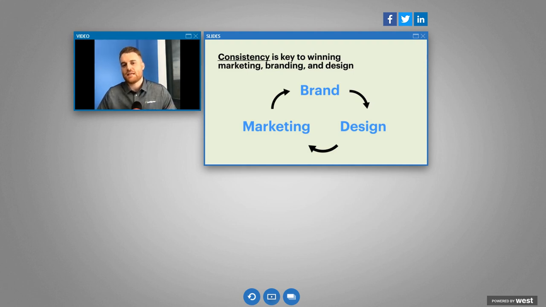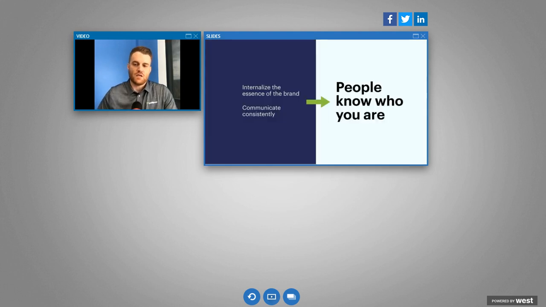So again, going back to this idea, these design-centric and brand-focused companies don't only understand the relationship between brand, design, and marketing, but they really optimize for consistency across each of these. What that looks like is not just that they have brand guidelines in some static PDF somewhere that no one ever reads, that they don't know where it is, but they do a good enough job helping everyone across their organization internalize the essence of the brand, so that it doesn't matter which department you work in, they can say it in their own words.